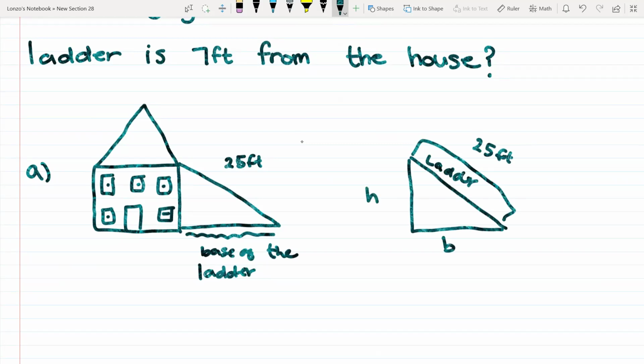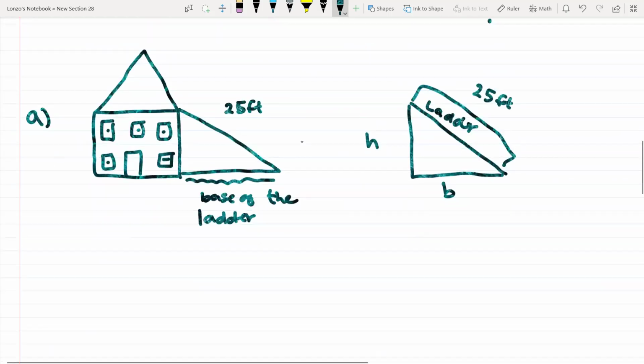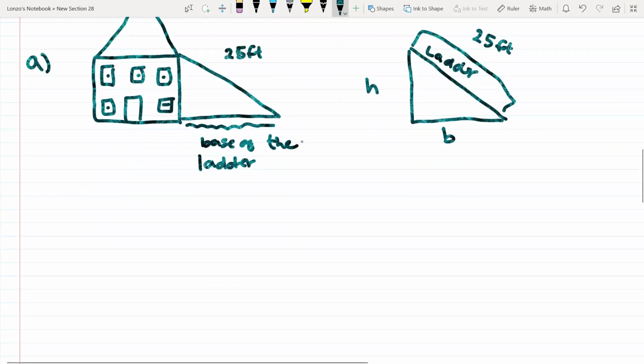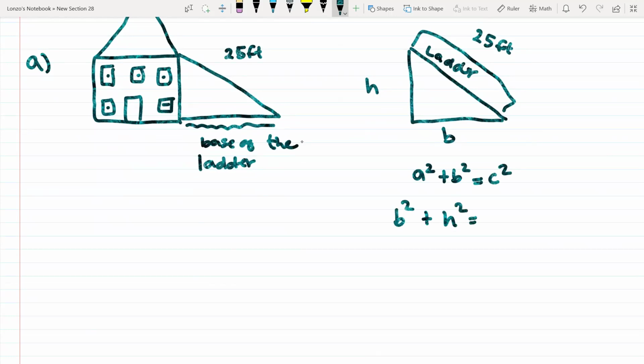So we'll probably have to use the Pythagorean theorem because we're not trying to find any missing angles. I think we're trying to find missing side lengths. So Pythagorean is a squared plus b squared equals c squared. But in our case, our leg could be expressed as b squared, my height could be expressed as h squared, and my hypotenuse is 25 feet squared.